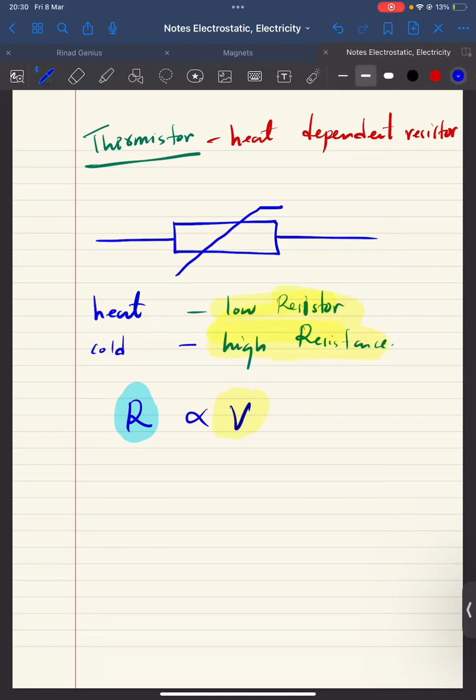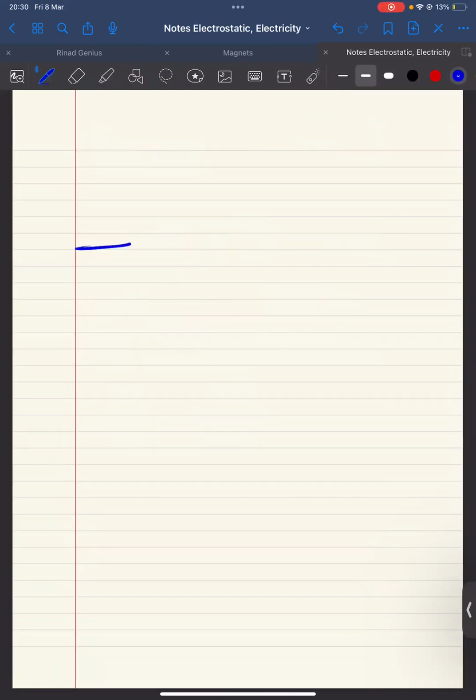Type how? Again, you have to understand how it works in a circuit. So that's our circuit here. Let's say it is 8 volts.